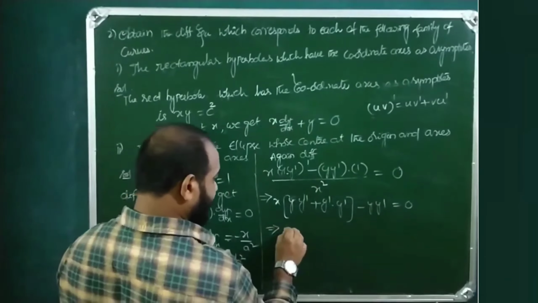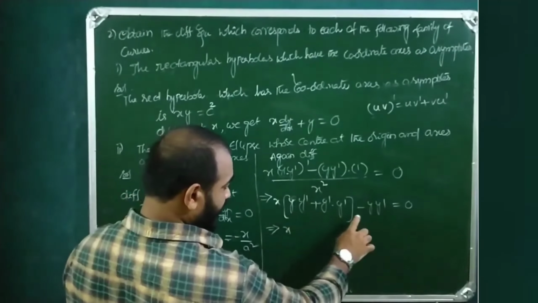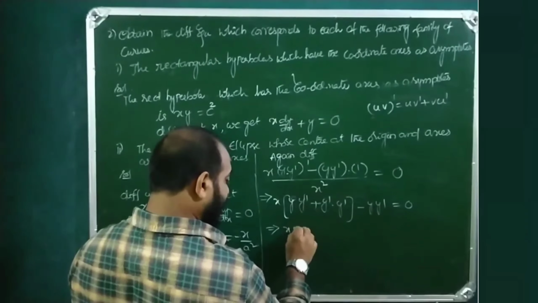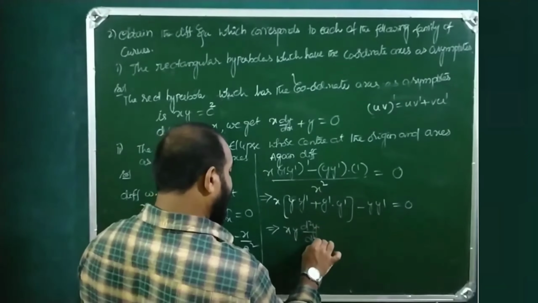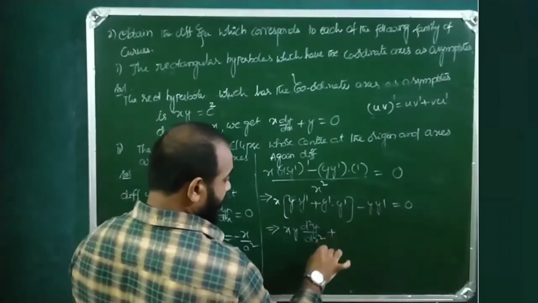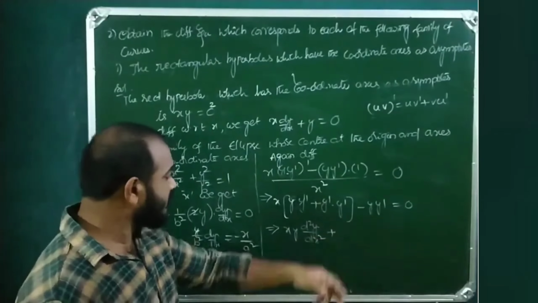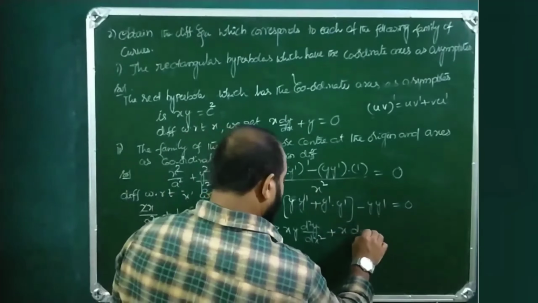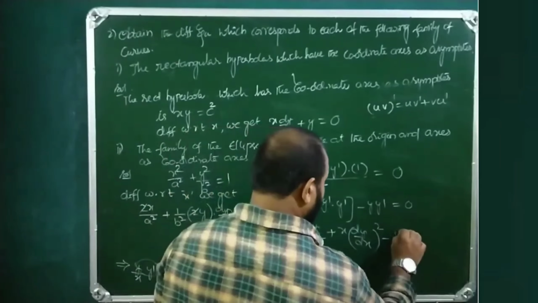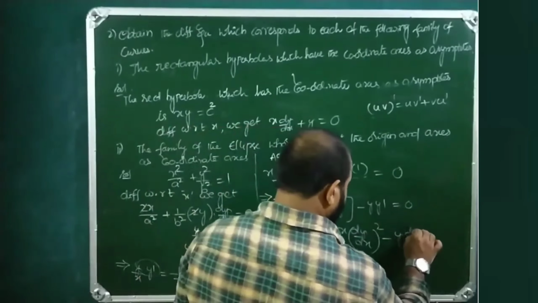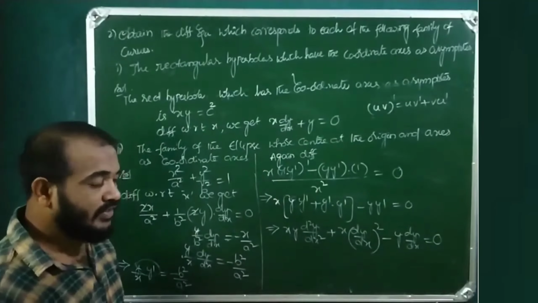So this is x y double dash minus y dash equals 0. In the whole equation, y double dash is d square y by dx square, and y dash is dy by dx. So x d square y by dx square minus dy by dx equals 0 is the required differential equation.